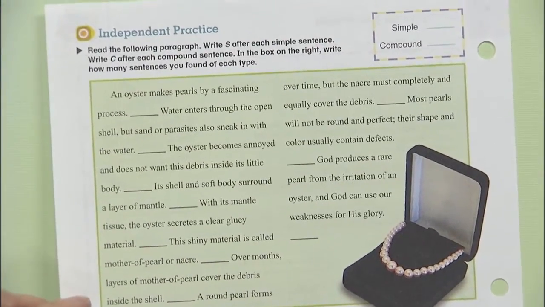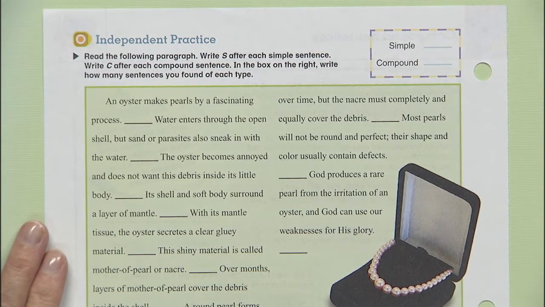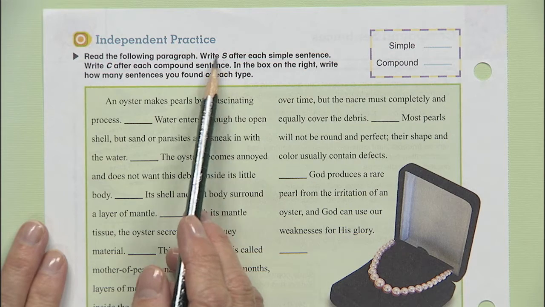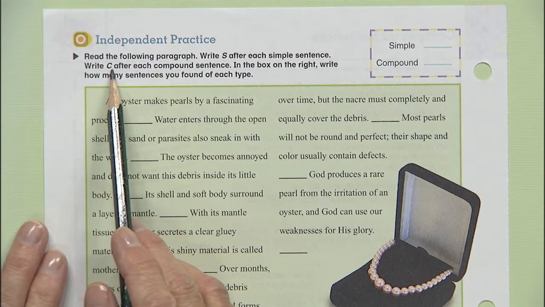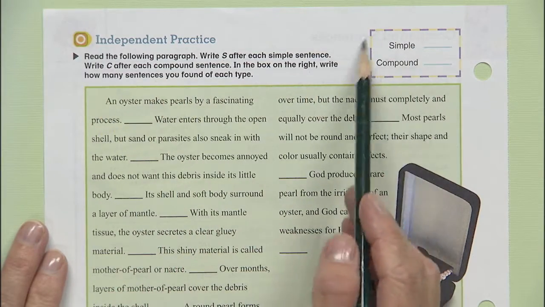Now, after you do that, you're going to look at your independent practice, and your parent or facilitator will be checking this. Make sure you're on the right track. You're going to read the paragraph and write S after each simple sentence and C after the compound sentences, and in the box on the right, write how many sentences you found of each type.